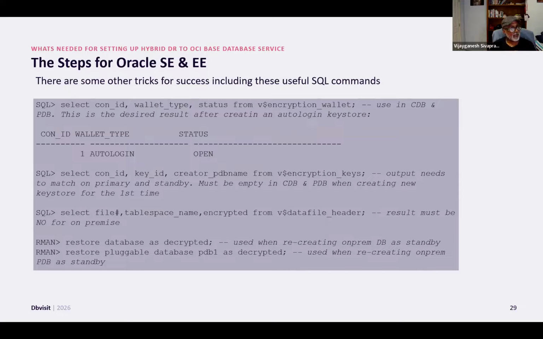So from 19.25 onwards, something changed in Oracle that ensured that the data files and table space created on your OCI primary as encrypted are created as decrypted files on your standby environment. That's the reason we say that it is safer to start using from 19.27 onwards.